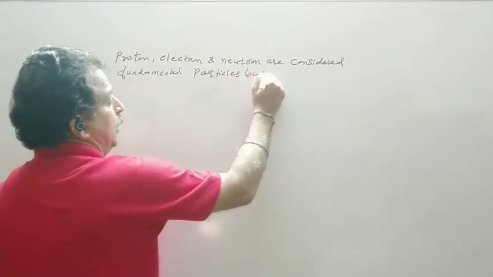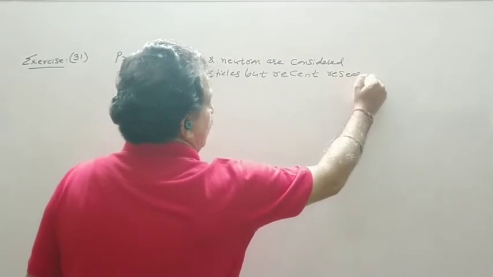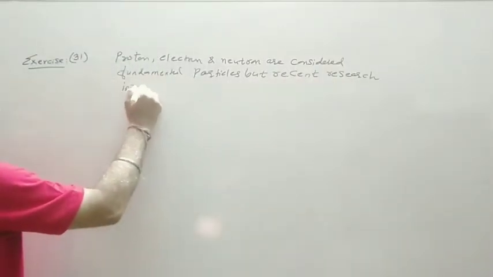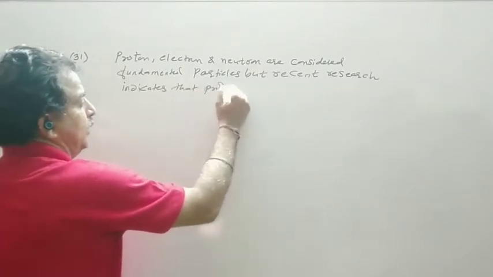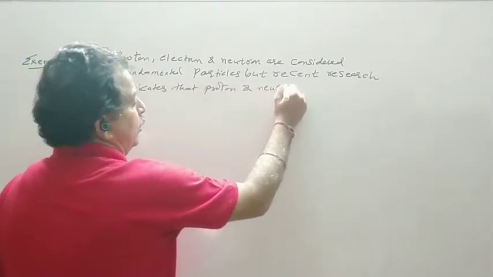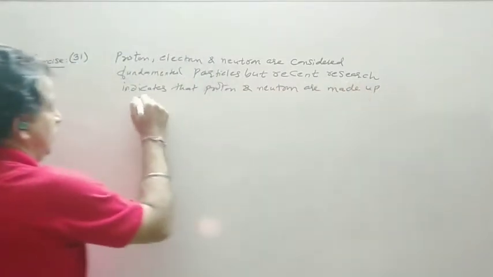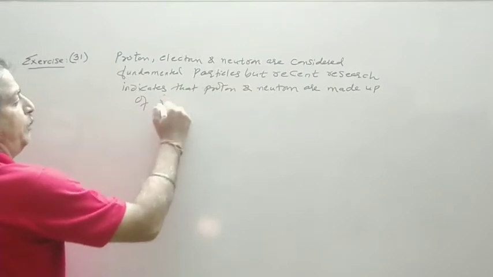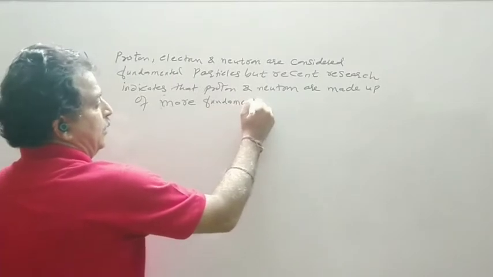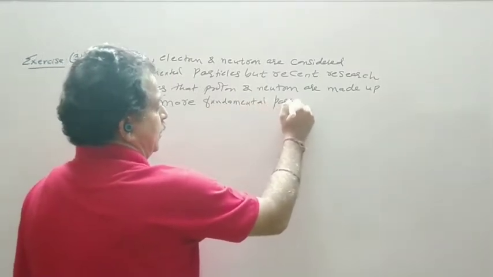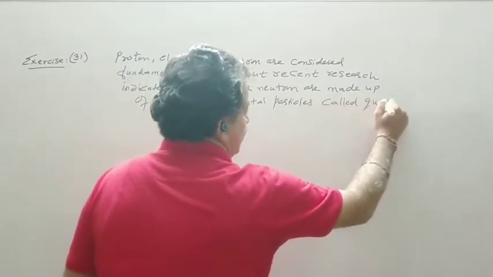But recent research indicates that proton and neutron are made up of more fundamental particles called quarks.